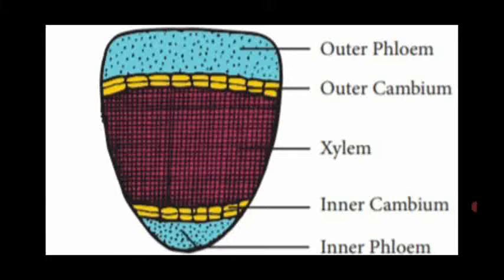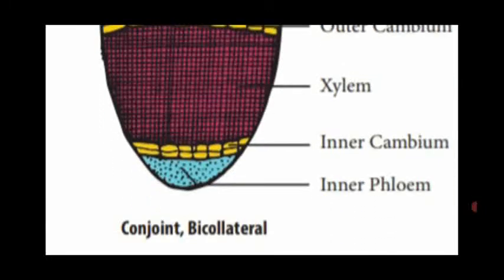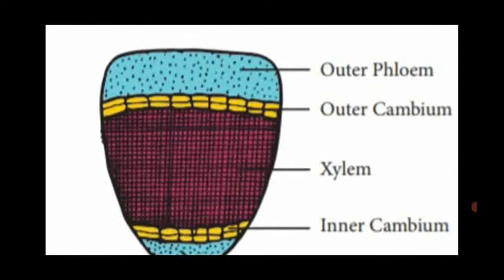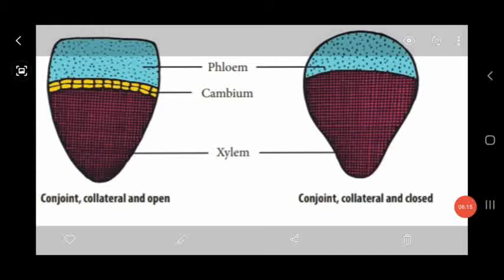And also, 2 cambium is also present in the vascular bundle. This is called a conjoined bicollateral vascular bundle. Example, cucurbita.